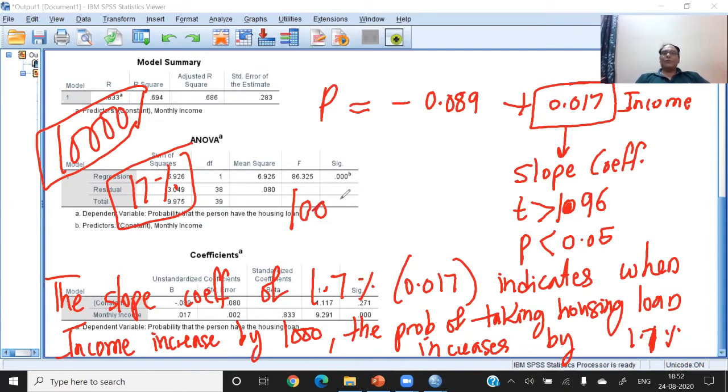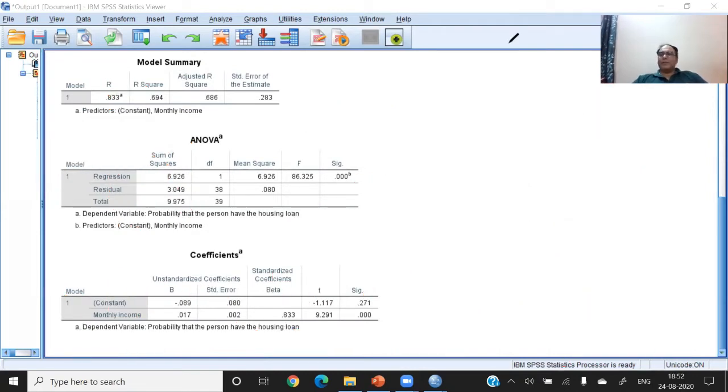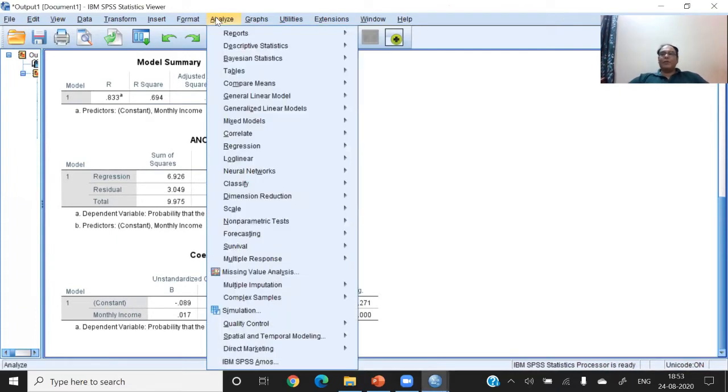If you put this value in income, you can find out the probability that the person has the housing loan, right? So in this way, we can understand the linear probability model. Okay, now after explaining the concept of beta and alpha, I want to see the predicted values of this regression model.